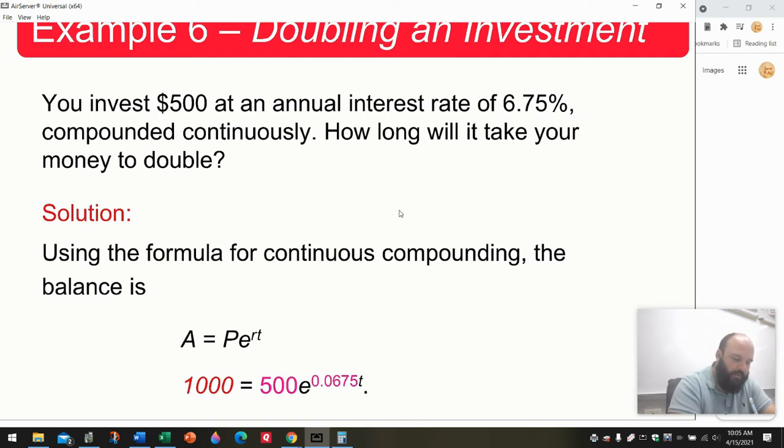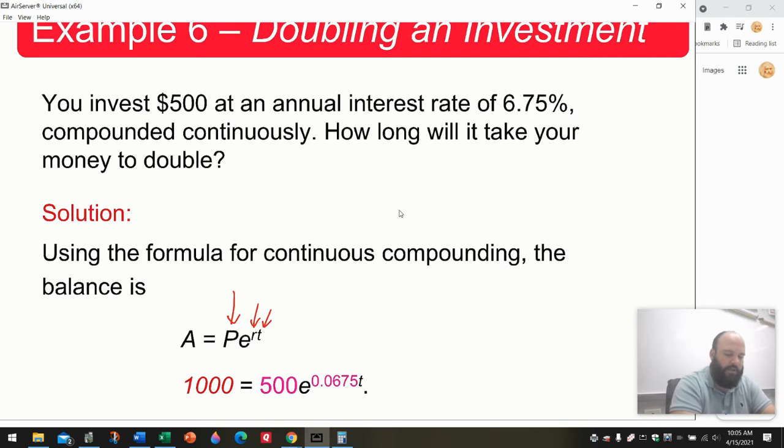What this formula does for us is you can plug in your principal amount invested as well as the interest rate and the amount of time that you want to leave that money invested, and it will give you how much money you will have based on the conditions that you input into that formula.